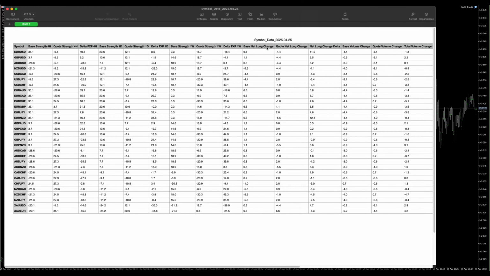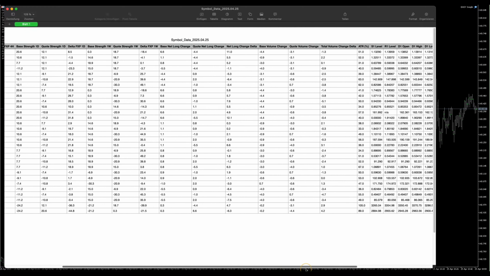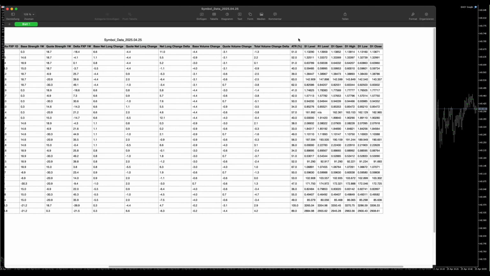Then we have the net long change for base and quote currency, as well as the total volume change, and we also get the ATR information for the specific symbol, as well as the support levels and resistance levels and the daily open, high, low and close. Close is relevant because it's the current price of the current day, so that the AI can judge where it is currently in relation to the daily high and low.